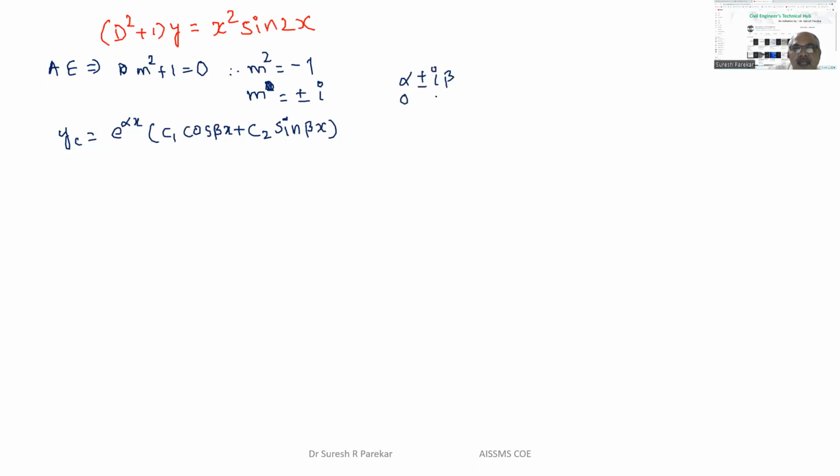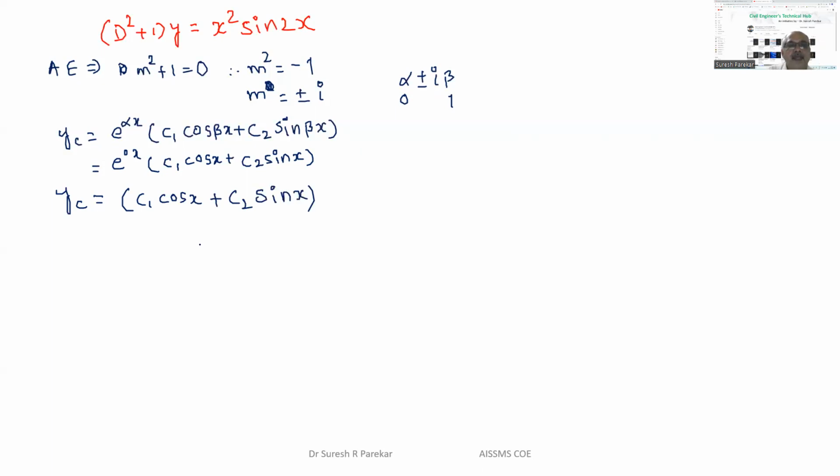Alpha is 0 and beta is 1. Therefore e to the power 0x (c1 cos x plus c2 sin x), because beta is 1. From this we get the complementary function yc equals c1 cos x plus c2 sin x. So this is our complementary function.